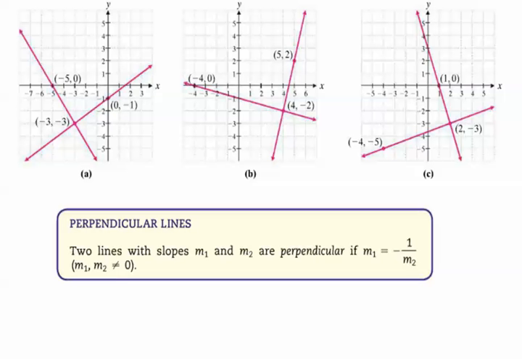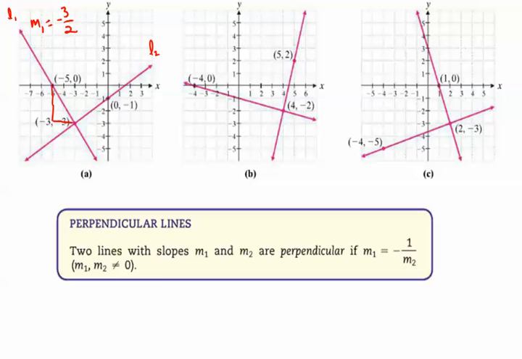On line 1, and we'll call this line 2. Then for the slope of line 1, we're going to go down 1, 2, 3, right 1, 2. So m sub 1 would be negative 3 over 2.